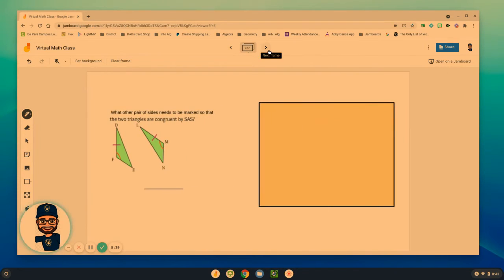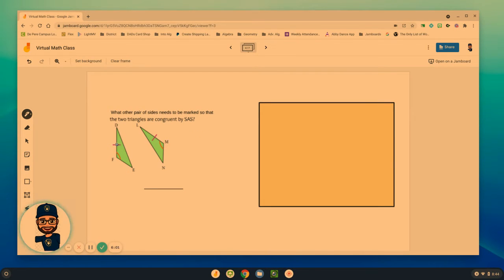Now, on the next slide, I want you to look at it carefully to try and figure out what other pair of sides needs to be congruent and marked congruent so that the two triangles here are congruent by SAS. What other pair of sides? Side to an angle to a side.